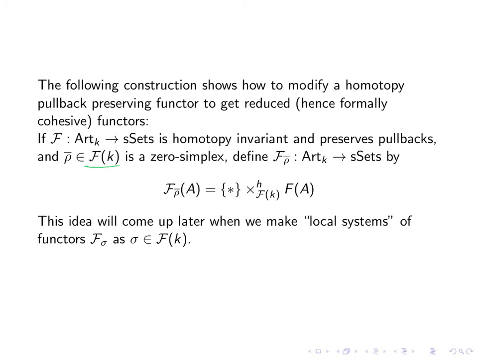And this idea will come up later when we make local systems of functors F sub sigma as you vary sigma over the simplices of F of k. Here we've just chosen one specific zero simplex, but we're later going to, I mean not in this talk, but later in the paper, consider all of these sigma ranging over the simplices of F of k.